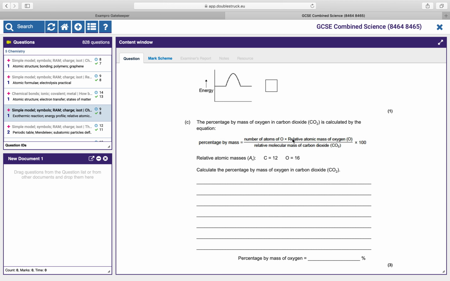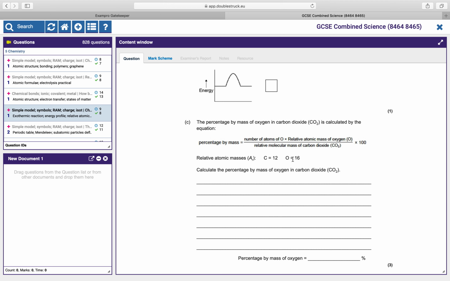So, how many atoms of oxygen are there in CO2? 2, because the 2 belongs to the O, so there are 2 oxygens. So it'll be 2 times, what's the relative atomic mass of oxygen? Well, it gives that to us there, doesn't it? That's 16. 2 times 16 is 32.